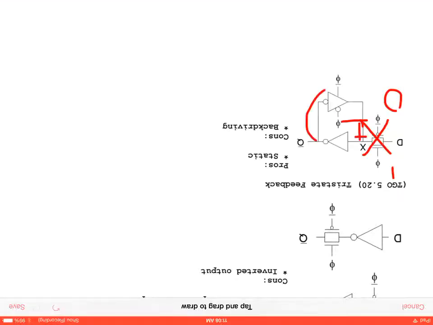And if we don't have this feedback, what's going to happen is the output capacitance is eventually going to dissipate its charge, and you're going to have an instance here where it's going to go to 0, and then the inverter is going to make it go to 1. So a good type of problem is what happens if you just have a pass transistor and an inverter, and on the output it goes from 0 to 1 spontaneously. Why would that be? Because there's no feedback, because of the dissipation.